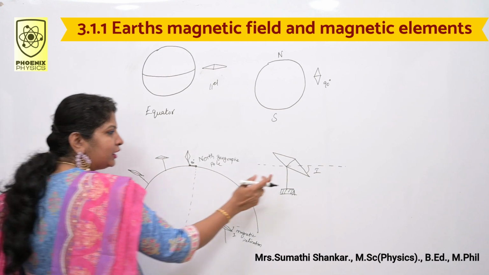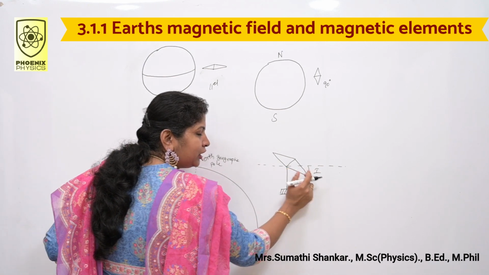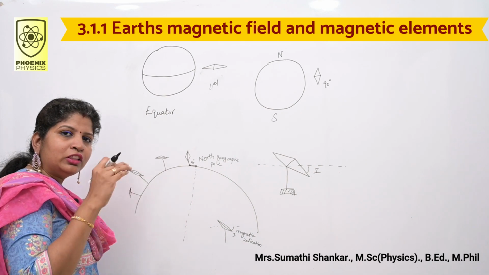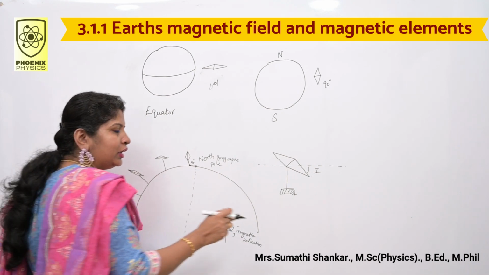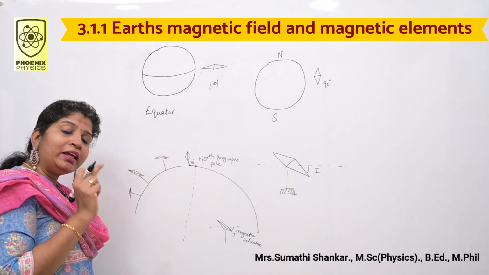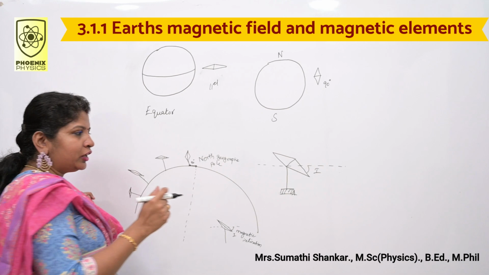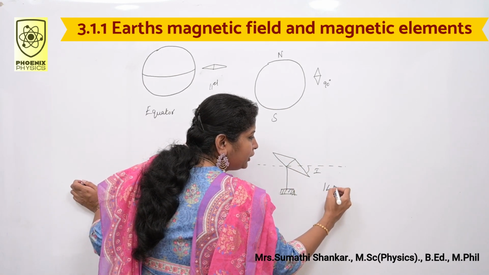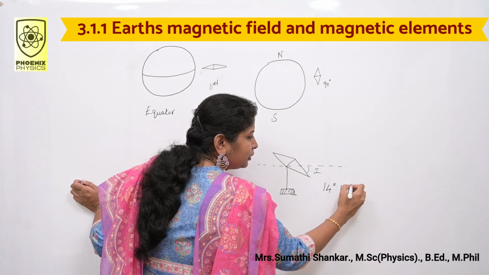The angle subtended by the earth total magnetic field with the horizontal direction in a magnetic meridian is called magnetic inclination. For Chennai, magnetic inclination is 14 degree 16 minutes.